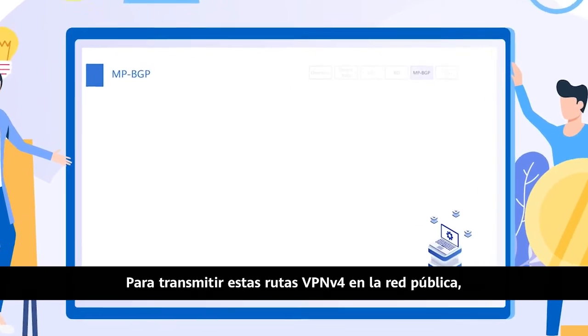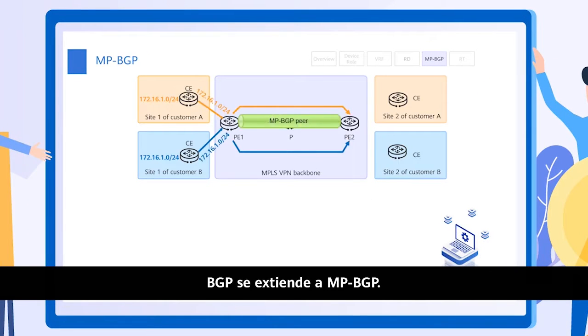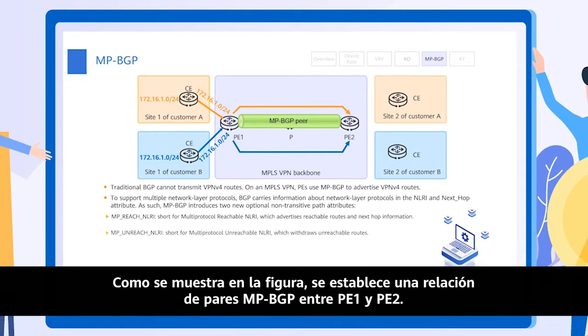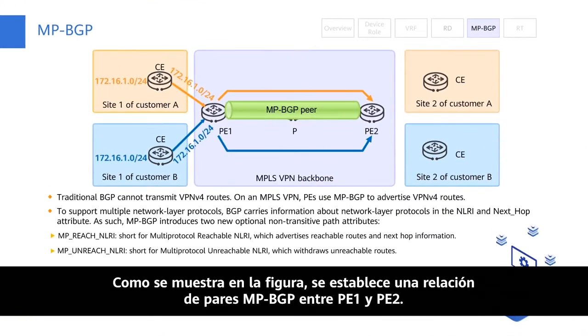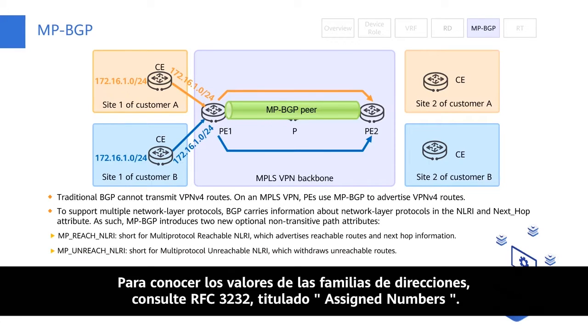To transmit these VPNv4 routes on the public network, BGP is extended to MPBGP. As shown in the figure, an MPBGP peer relationship is established between PE1 and PE2. MPBGP uses address families to differentiate network layer protocols. For the values of address families, see RFC 3232, titled Assigned Numbers.